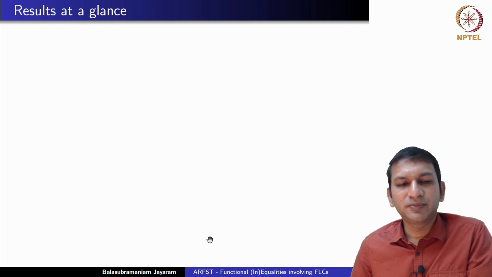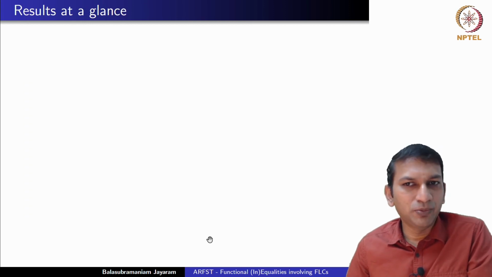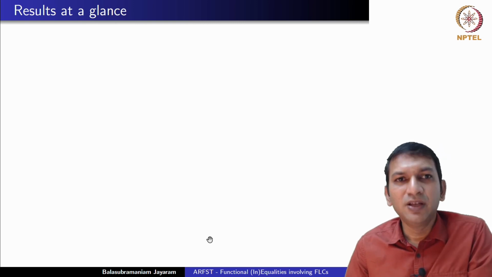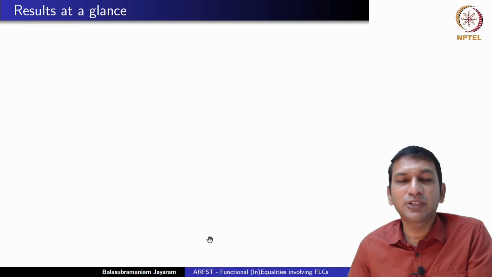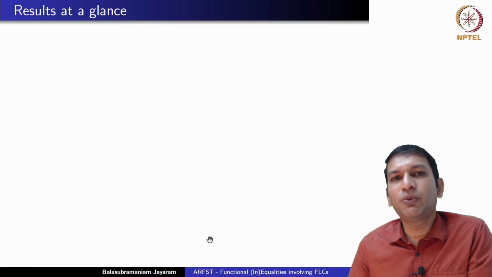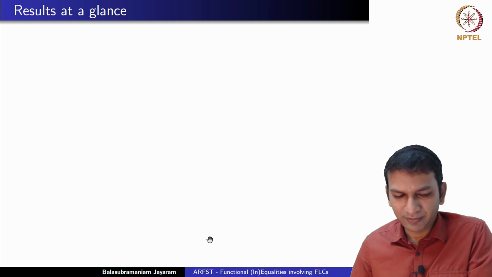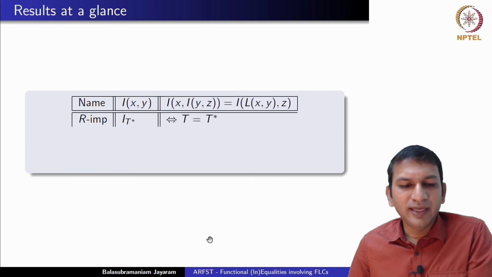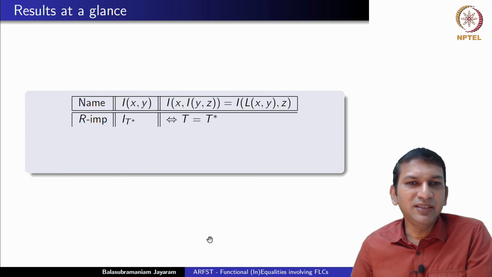Now let's look at the law of importation for these four families. That means if you take I to be coming from one of these families, what should be the T? Does it actually have a T such that this law of importation is valid? And if yes, what should be the T norm T? Now, in the case of R implication, we have seen that T is T star.